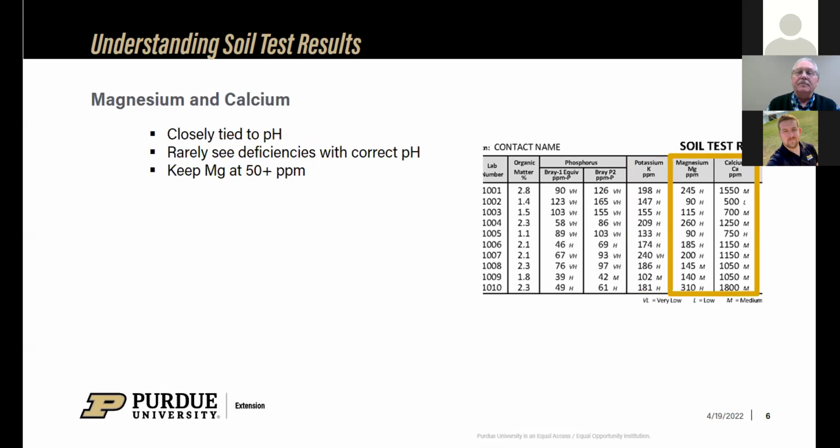As we continue across, we're going to enter the pH area of our soil sample results. So magnesium and calcium are going to be the next two numbers that we see as they're reported. And these are closely tied to that pH, especially calcium, which is a big factor in that pH.